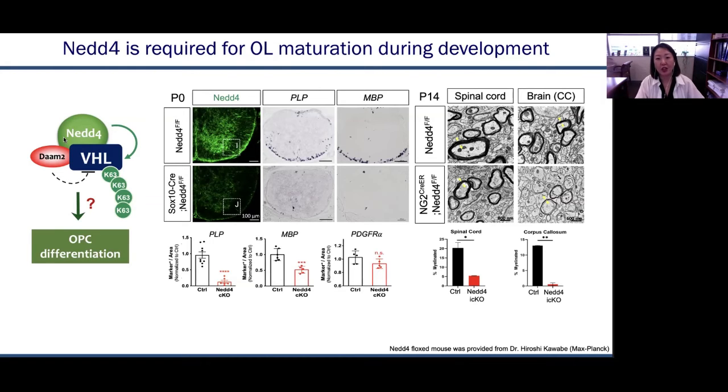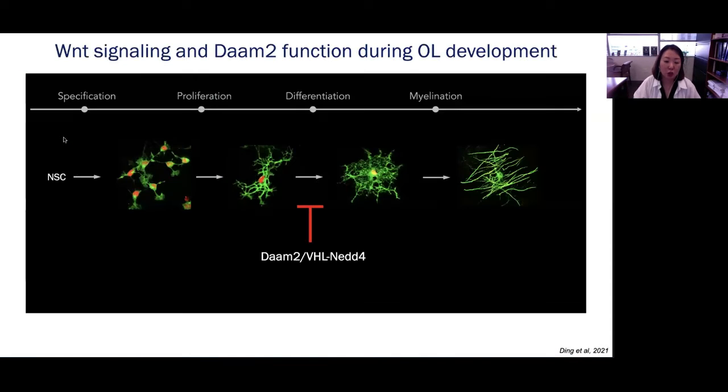So this is one example of how we study TEM2, one gene, and its downstream. Over 6 years in my lab, we identified TEM2 and the antagonistic function of VHL and NEPO in the oligodendrocyte lineage, specifically affecting the differentiation stage.